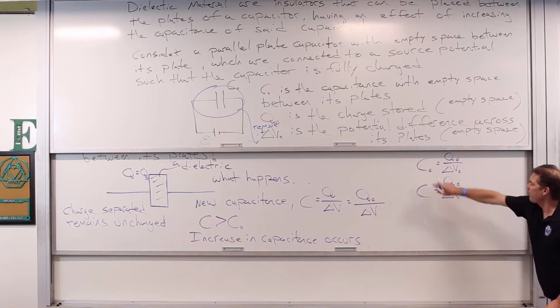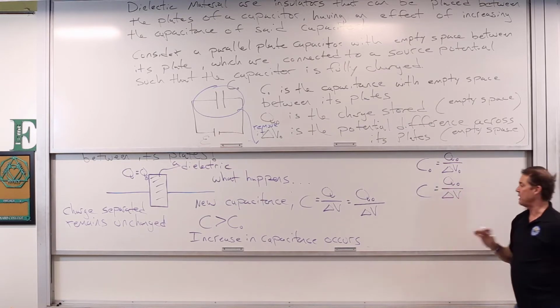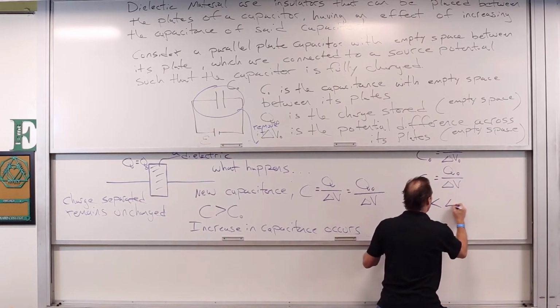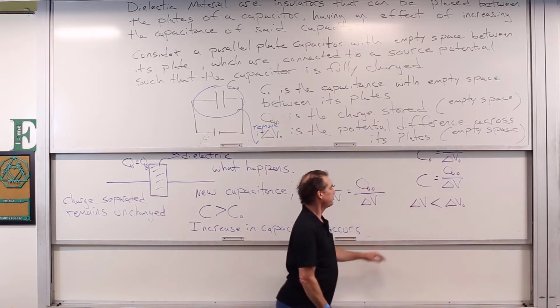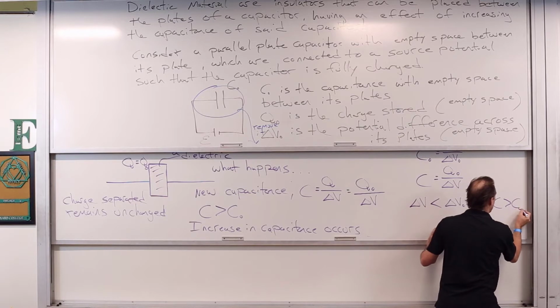And if C is greater than C0, we have to have delta V less than delta V0.